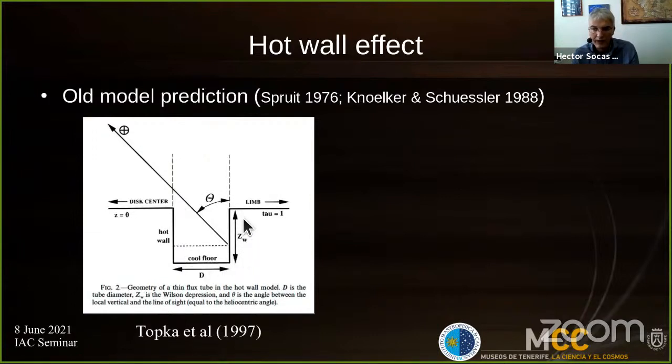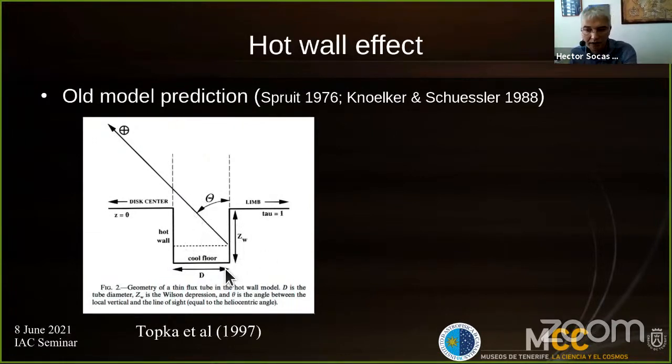And because you see a lower height, and because temperature increases with depth, when you look at an angle, in the direction of the limb, your line of sight is going to hit this wall, and because you're looking at a deeper layer, this wall is going to be hotter than when you're looking up here. So the facular contrast was explained by this hot wall model.